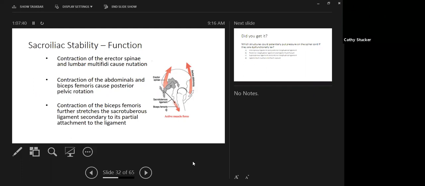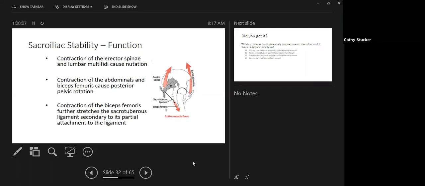The abdominals and biceps femoris cause a posterior pelvic rotation, so that's tipping the pelvis posteriorly. That snugs up those ligaments even more and really helps to firm up the sacrum in the SI joint.